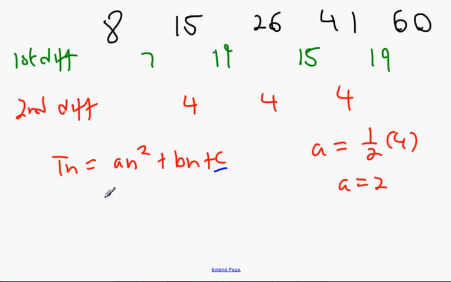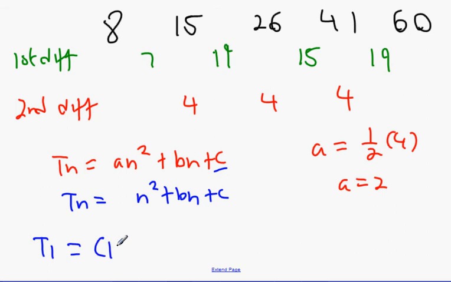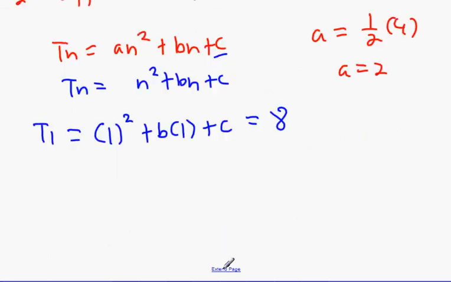Okay guys, Tn now becomes n squared plus bn plus c. Let's use T1. What do I do with the n's? 1 squared plus b times 1 plus c, that all equals 8.